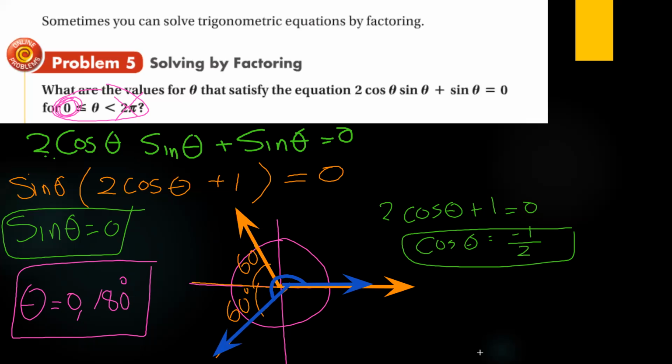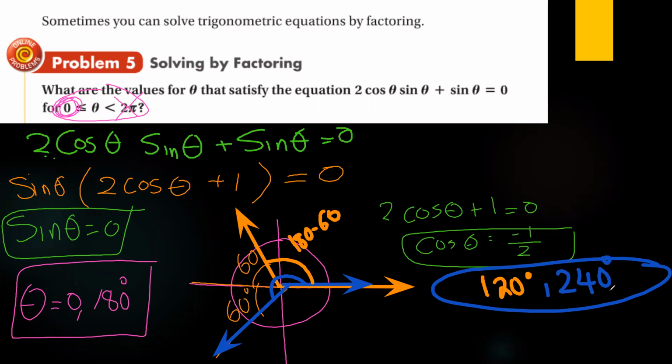To find the orange angle, you say 180 minus 60, which is 120. To find the blue angle, we say 180 plus 60, which is 240. So now we have 4 values for this question: 0, 180, 120, and 240.